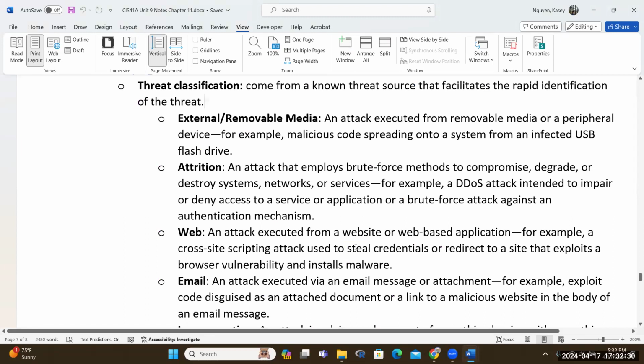So threat classification goes over how we treat USBs, right? Removable media, external drives, micro SD, even bring your own devices to work. How do we treat that? Attrition, looking at using brute force to test your organization to see how effective they are with password policy and so on.